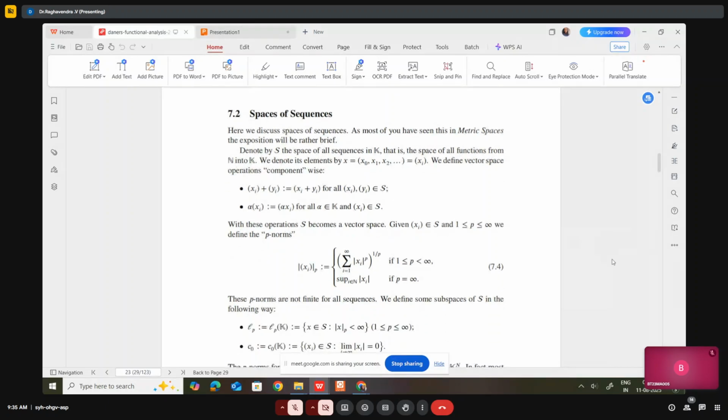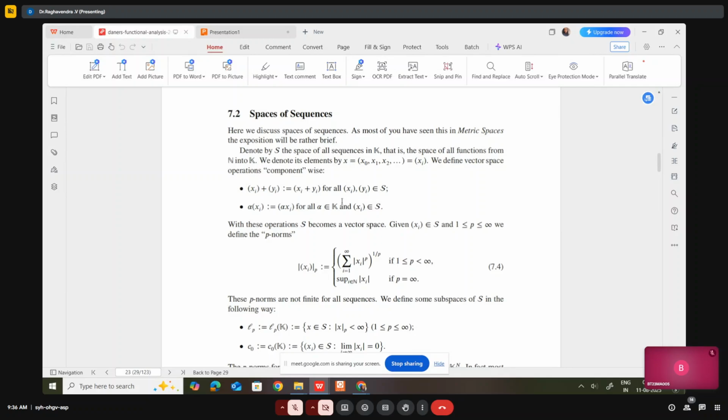Now we come to the sequence space. We discussed this last time. I have explained to you what the sequence space is. Most of you have seen metric spaces, so the exposition will be rather brief. Brief means that we have already done what we want. Now S is the set of all sequences on K. I have told you what a sequence is.